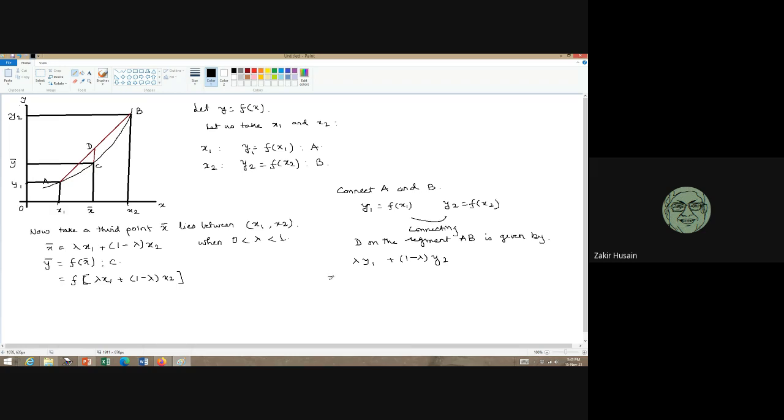So we can write this as lambda f of x1 plus 1 minus lambda f of x2.